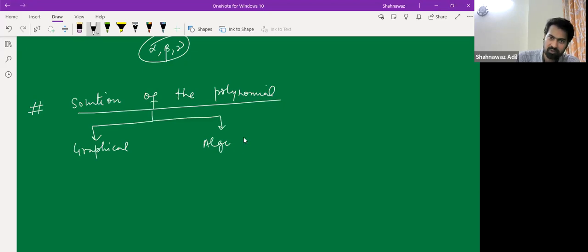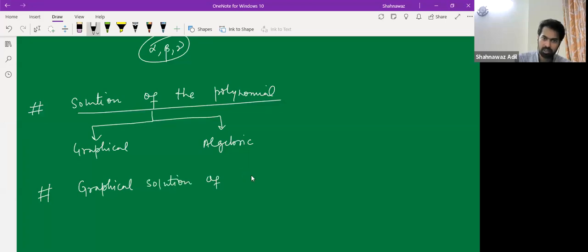So we can find the zeros of the polynomial in two ways, graphical or algebraic. So let us understand the graphical solution of the zeros of the polynomial.